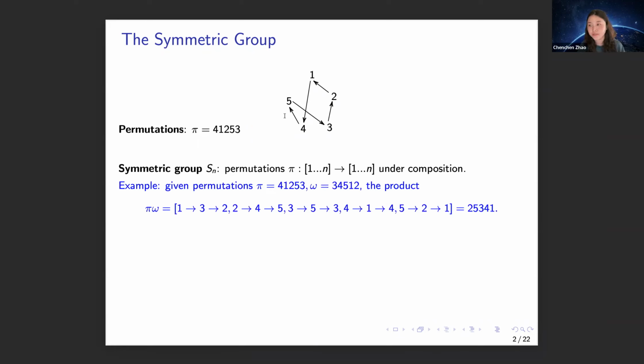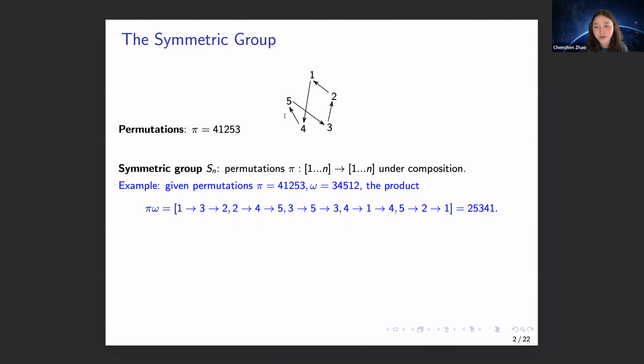And the symmetric group is the group of those bijections under the action of composition. So for instance, if we are given two permutations, pi and omega, for their product, 1 will be sent to 3 by omega, and then 3 will be sent to 2 by pi. And so 2 to 4 to 5, and so on.